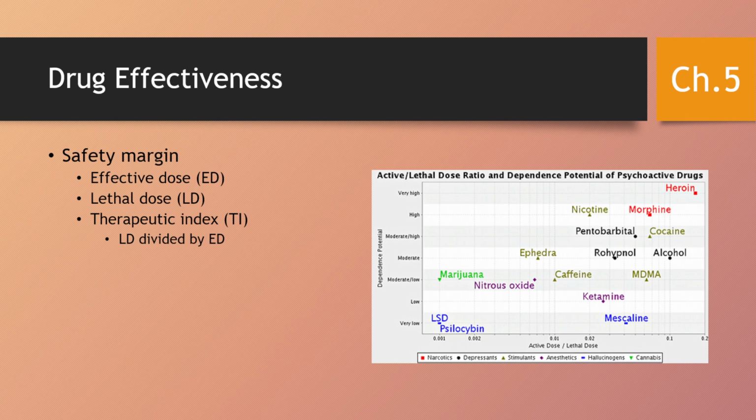You can get closer to that lethal dose as you look for that effective dose. So you can see heroin being up in the top, one of the higher ones, and then looking down at some of the lower ones like LSD, marijuana, tend to have a very large margin between the lethal dose and the effective dose.